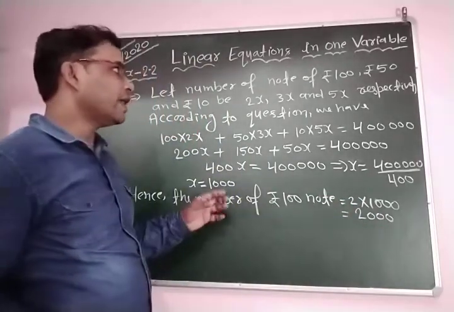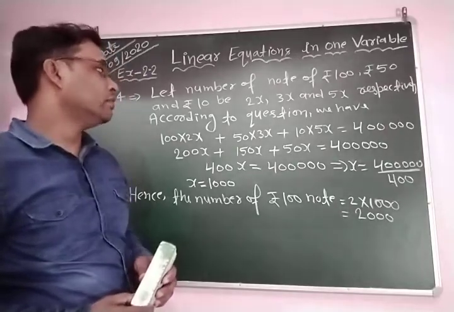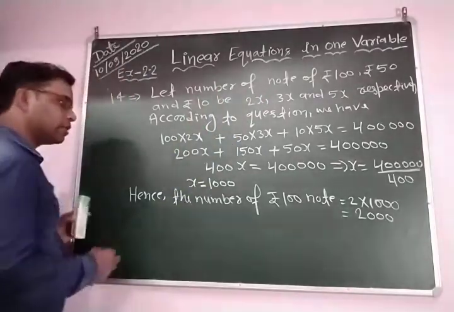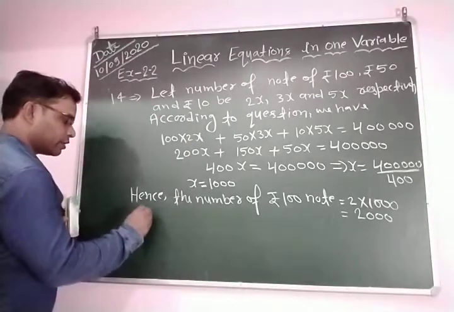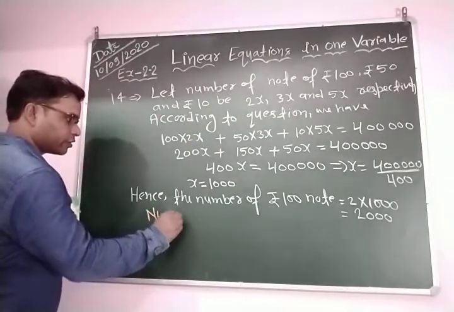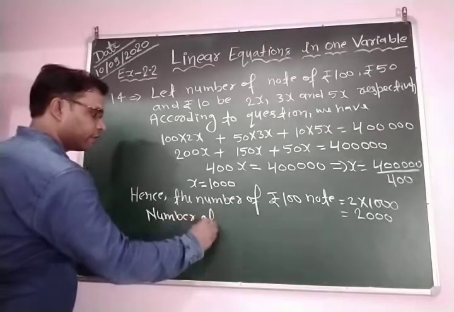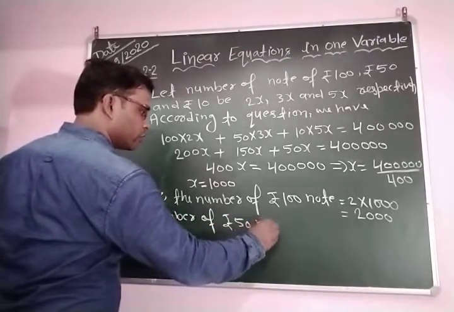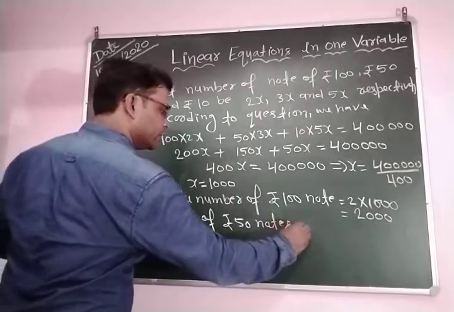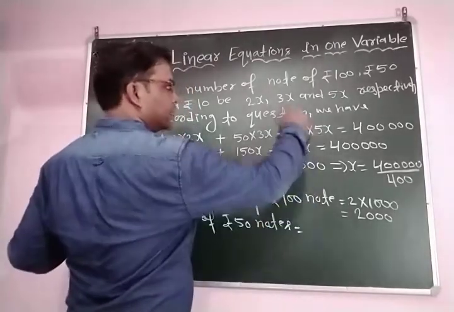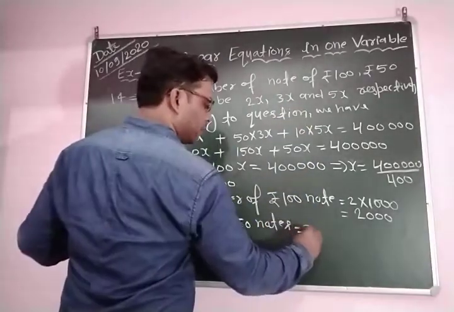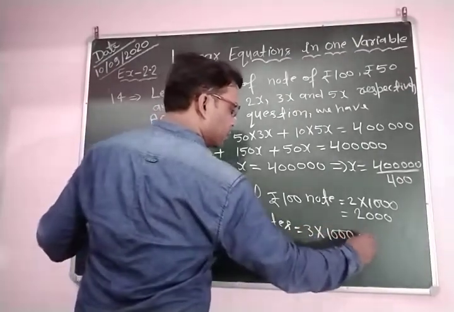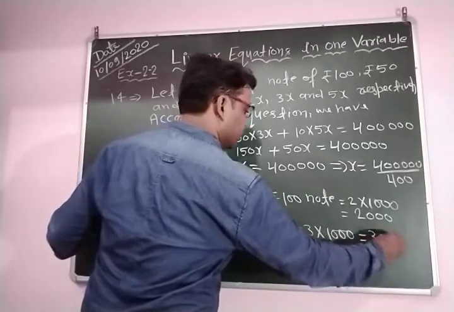After this we need to find the number of notes of 50 rupees. Okay, the number of 50 rupees notes is equal to, here this is 3x, so the value of x we have is 1000, so you can say this is equal to 3000 notes.